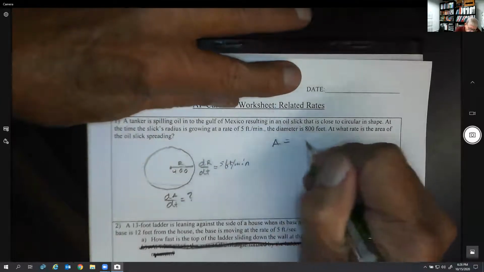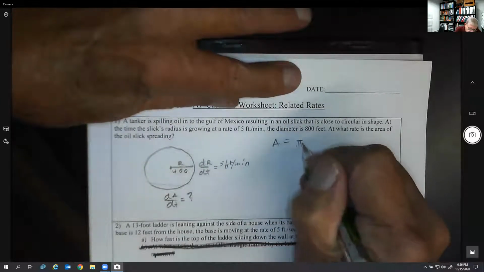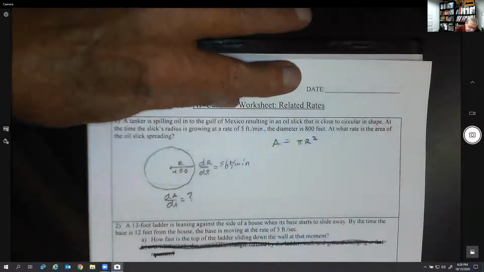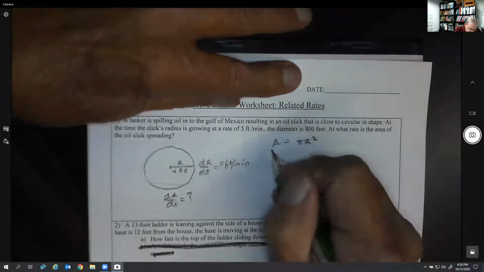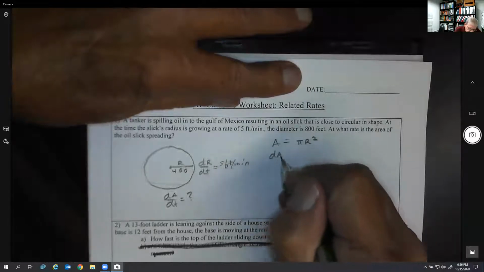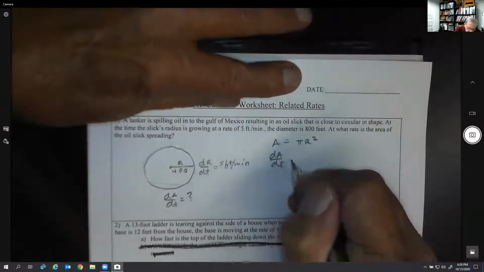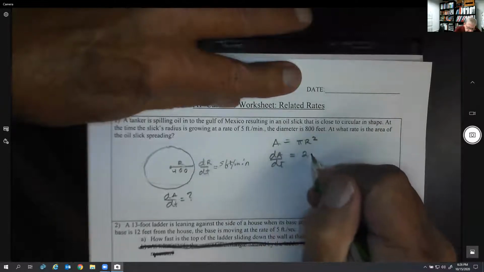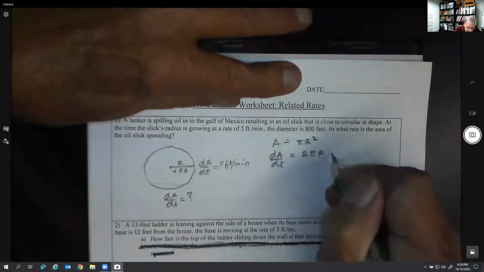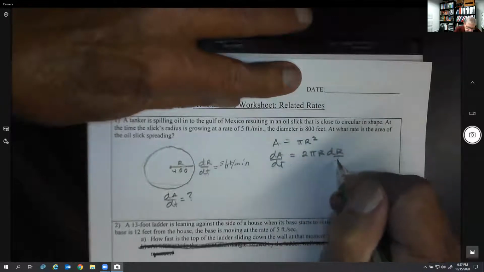Area equals pi r squared, right? Taking this in relationship to time, dA over dt equals 2 pi r dr over dt.